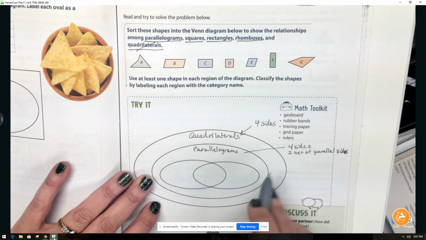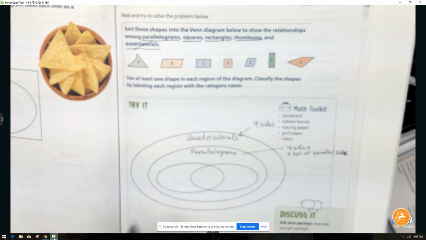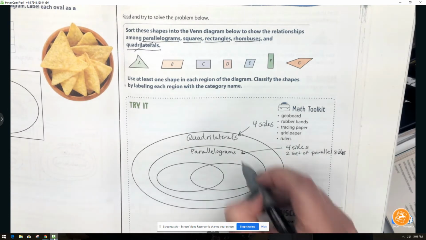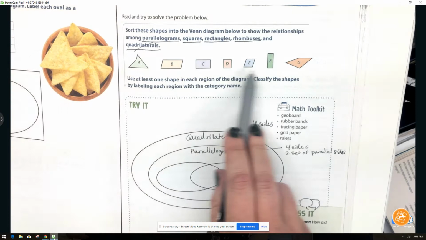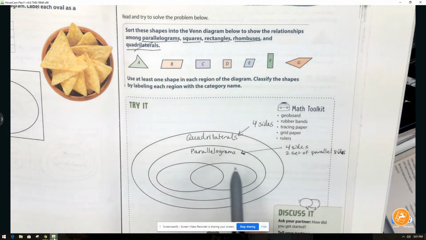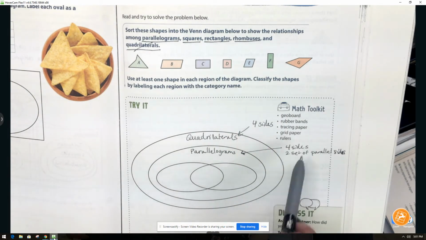So we know that any shapes that go in here are going to have 2 sets of parallel sides and are going to have 4 sides.